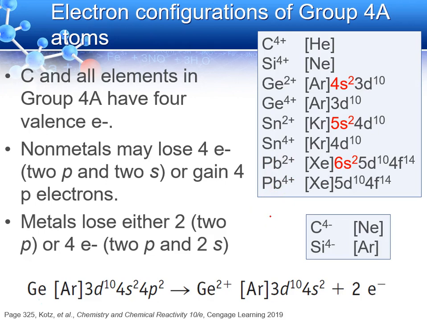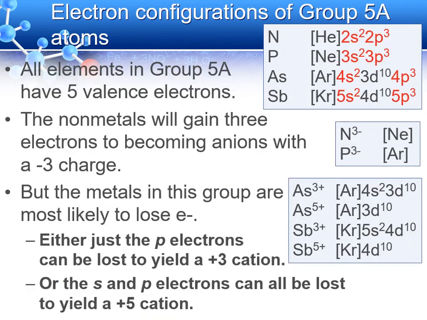So here again, we can see why it's possible for germanium, tin, and lead to have 2 different oxidation states. And the authors of our book show us how germanium could lose the 2 4p electrons to form Ge2+. But what they don't show us is that it is possible for germanium to lose those 4s electrons as well, in which case it would become Ge4+.